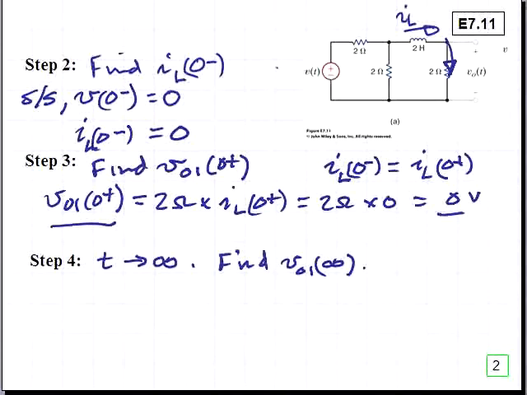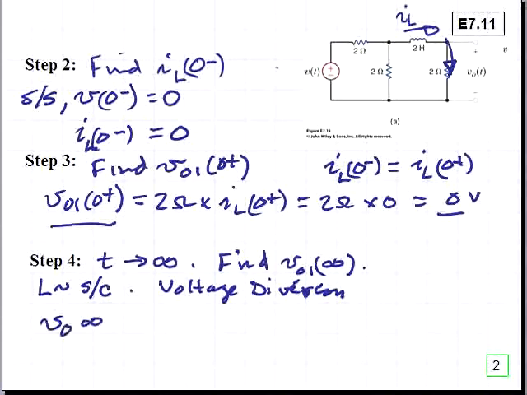So at infinity we assume the circuit would have gone back to a steady state condition. The inductor will look like a short circuit in its steady state or DC condition, and we'll apply a voltage division process to calculate vO1 at infinity.